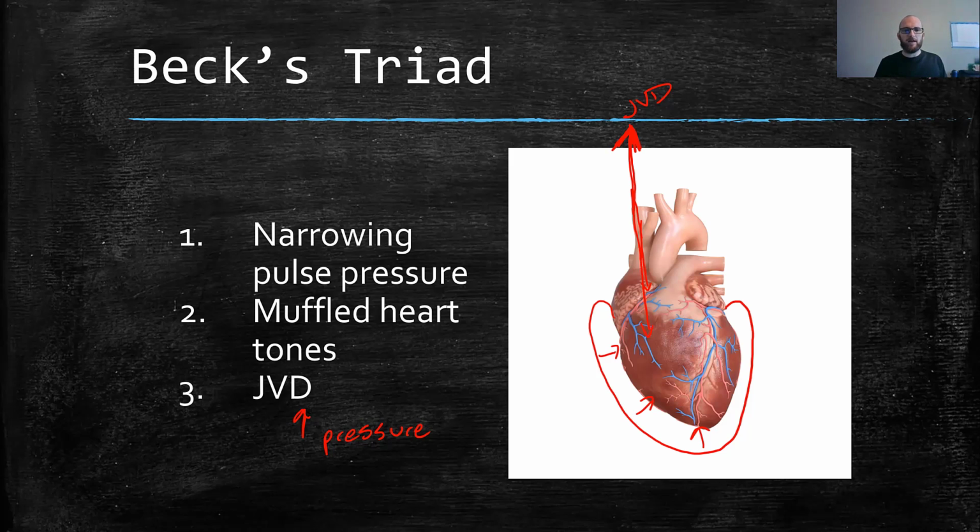Those valves are closing a lot more gently, so to speak, a lot softer. So we're listening to the heart through a bunch of fluid, and then the heart contractility is just weakened because the heart's not able to really expand much and have good, strong contraction. It's only filling up a little bit and contracting a little bit. So those heart sounds are actually quieter, right? Or muffled is the word that they use for them.